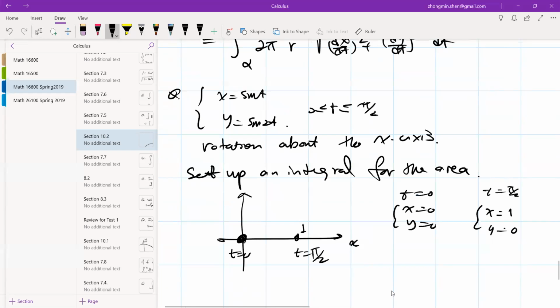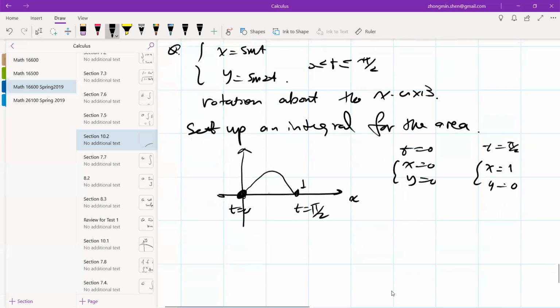But the y value increases first, then decreases. Why? Where's the point where it starts decreasing? When t equals pi over 4. So I think this is the picture, I don't know exactly how it looks. It's not a sine curve, okay? Some curve like that.